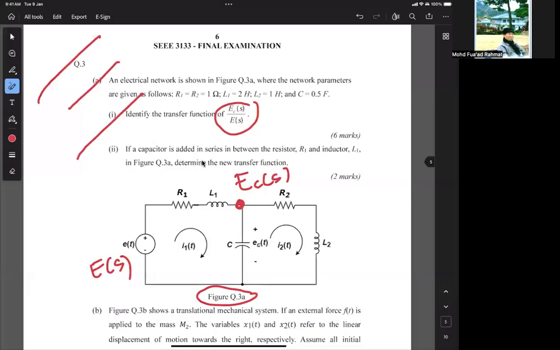Okay. If a capacitor is added in series in between the resistor R1 and inductor L1, okay, meaning that we add a capacitor, determine the new transfer function.